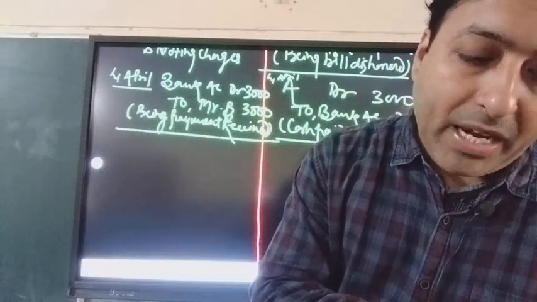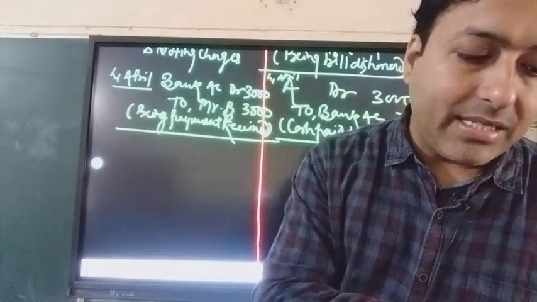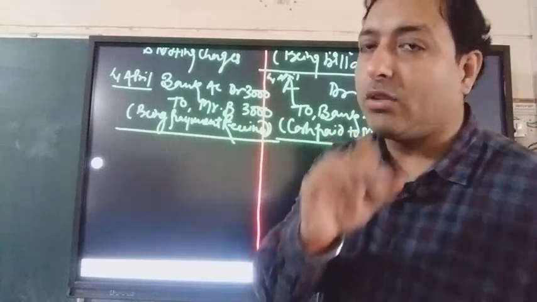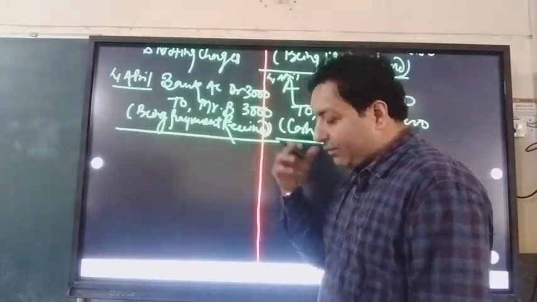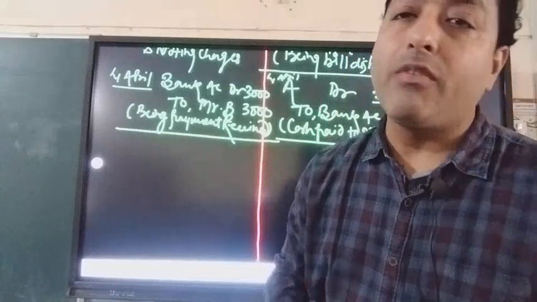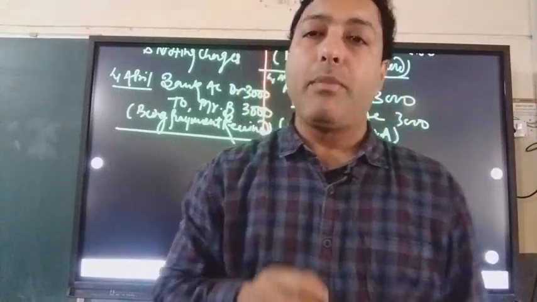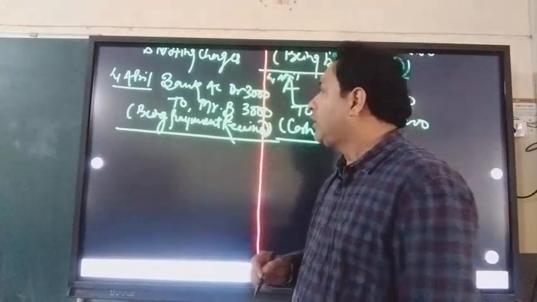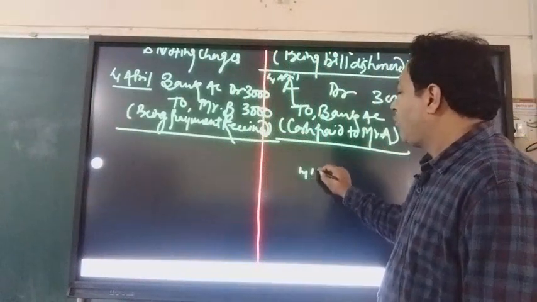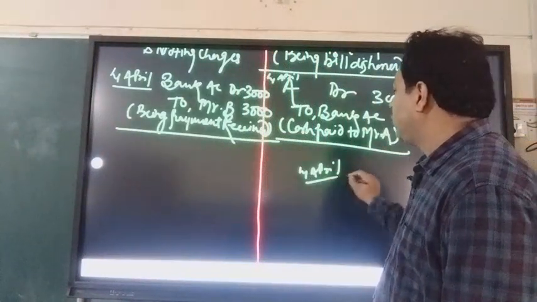Next entry, B then pays 3,000 in cash and accept a new bill for 3 months, 5,350 rupees. Why 5,350 rupees? Because of interest amount will be included. So on 4th April, he draws a new bill.